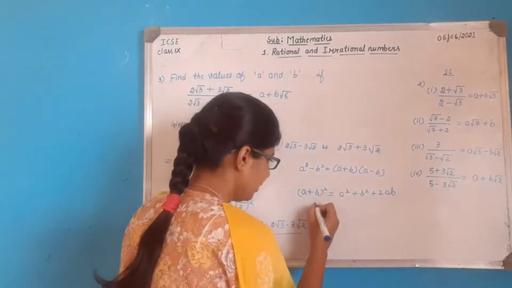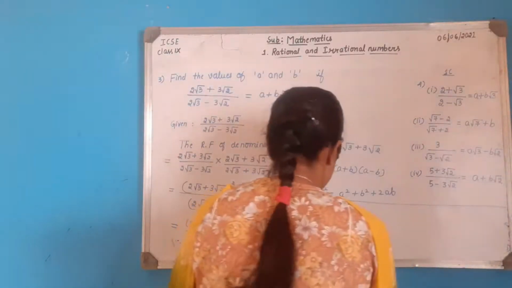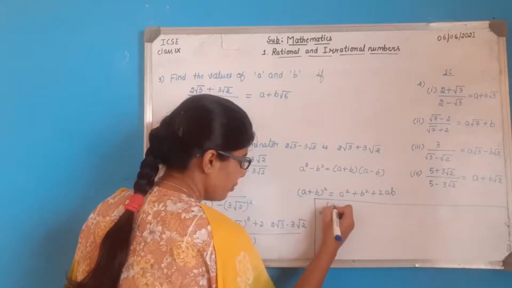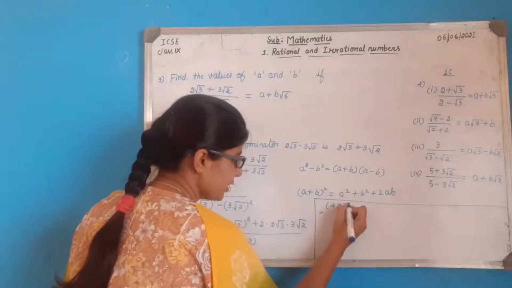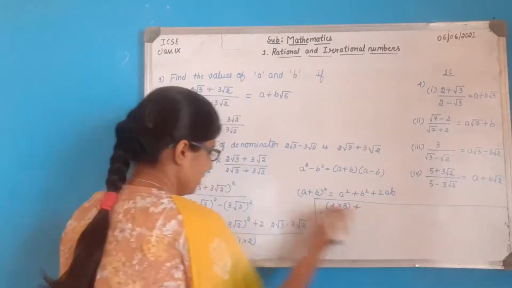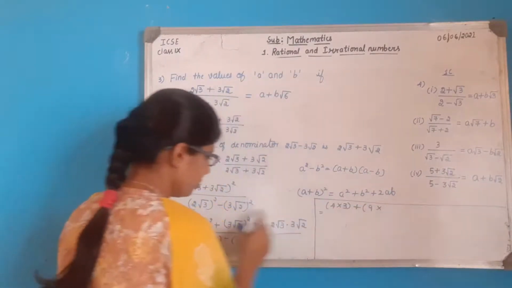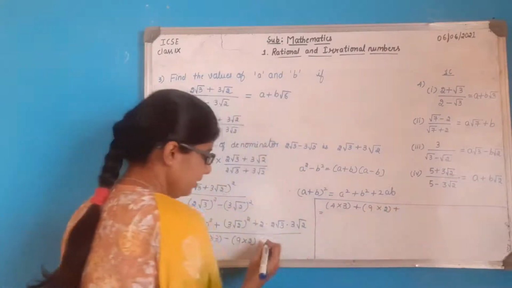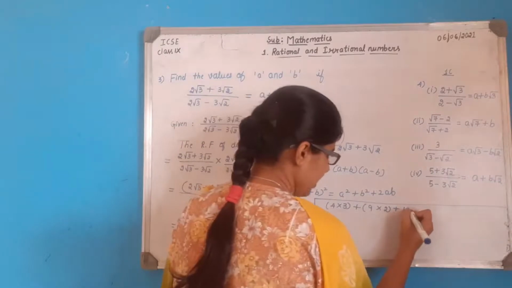Now next step. So here 2 square means 4 into 2, and square root will cancel, 3 remains, plus 3 square means 9 into 2, and square root will cancel, 2 remains, plus multiply this: 2 2s are 4, 4 3s are 12.